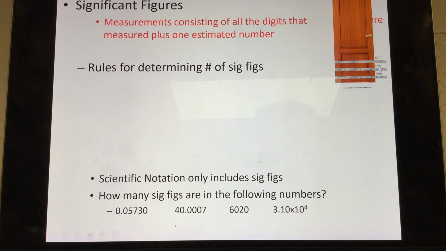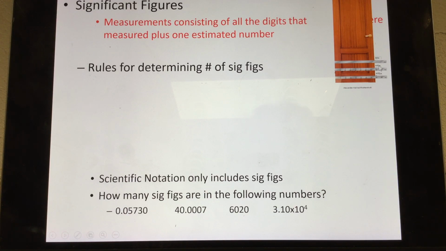So we can say that the value of the length of this door is 0.7. That's our actual measured number. We know that based on the 70 and the 80 here, and then we can estimate the other digit. In this case, the book estimated that it was 7, but you might say, I think that's more like a 5 or a 9.